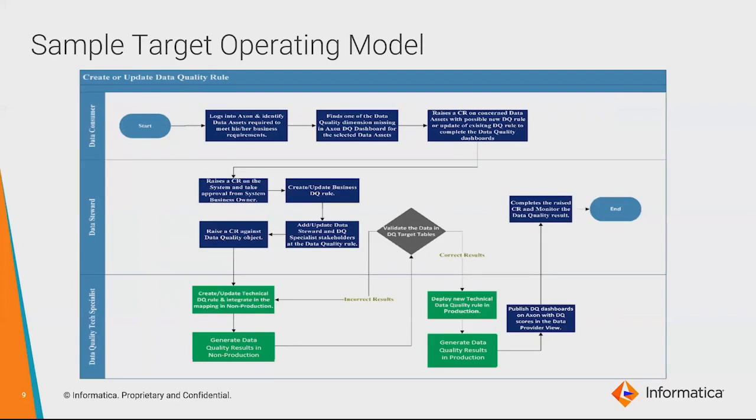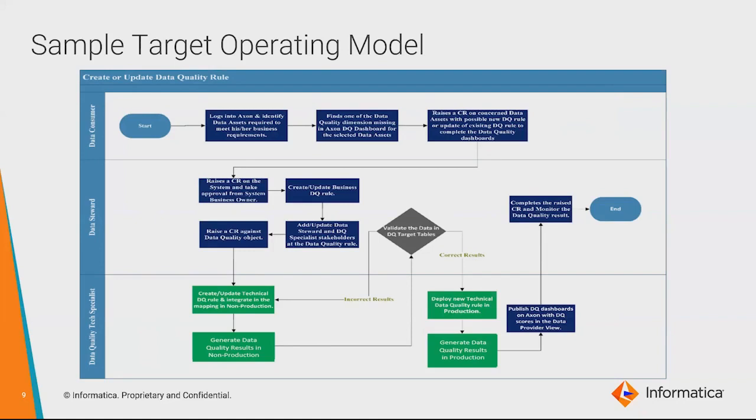Once approved, this data steward will be responsible for creating that business data quality rule in Axon, assigning all the required stakeholders, and then raising a CR against the data quality object, which will notify the DQ tech specialist that there is a new data quality requirement.